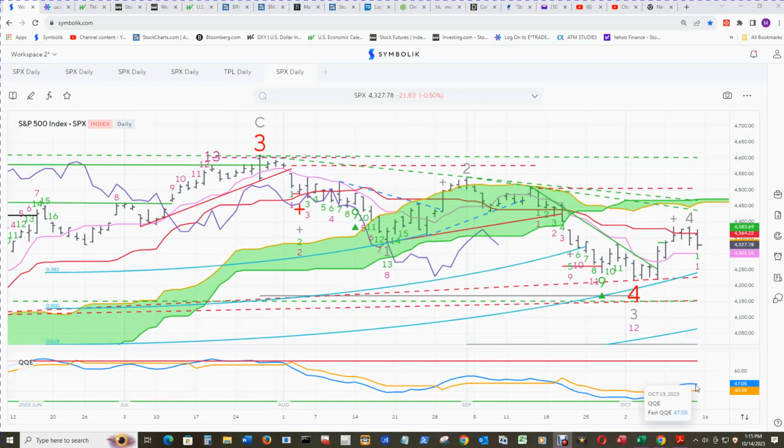And the fast QQE did not make it past 50, so that's not a good sign. And it looks like it's got a slight indication of rolling over and going back for getting under the slow QQE here, so that needs to get above 50 and keep moving up.